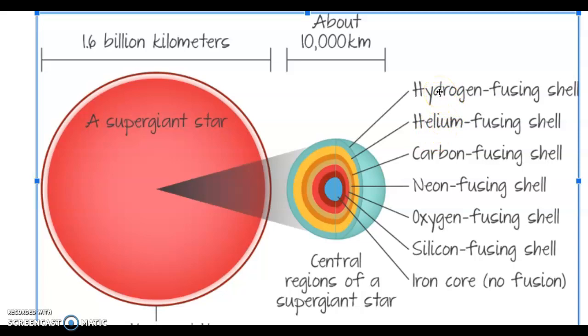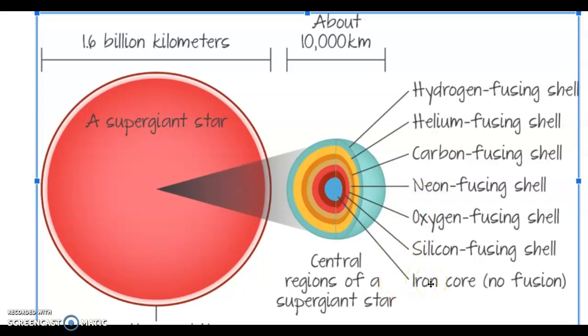So what you're getting is a repeat of the process outlined yesterday, but for heavier and heavier elements. That continues not just for neon, but then for oxygen, and then for silicon, and then for iron, right?